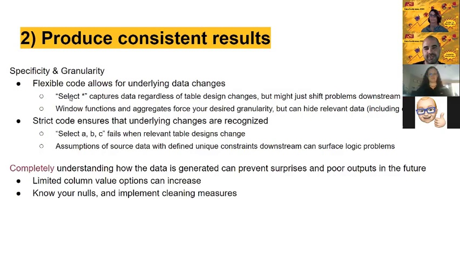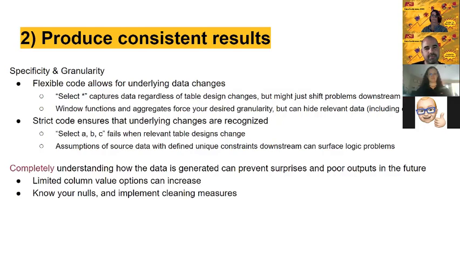If you'd like to fix that problem in the data side, in the query side, then you might want to select specific columns, right? So there's little tweaks you can make to enforce a specific output or to make a specific output flexible. Like if I know I want one record per student, I can throw a row number function in there, partition on students, and select row number equals 1.